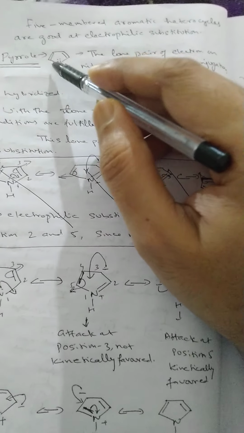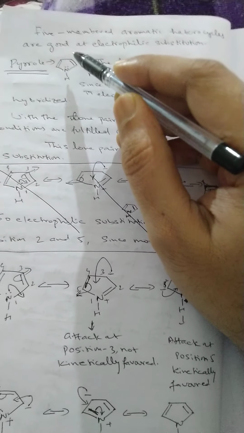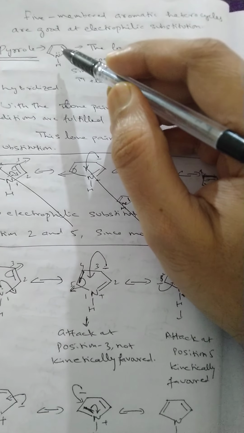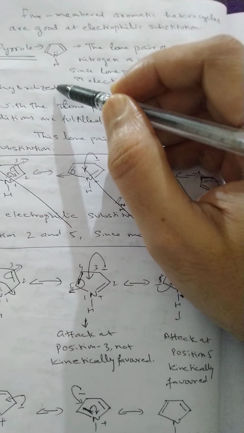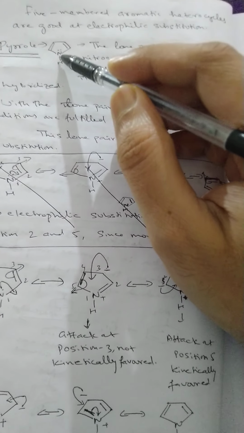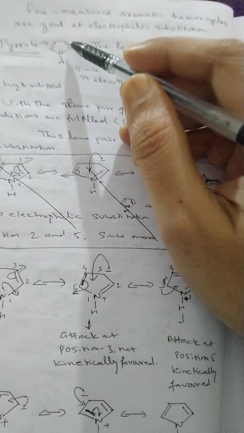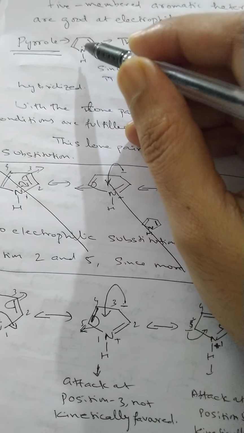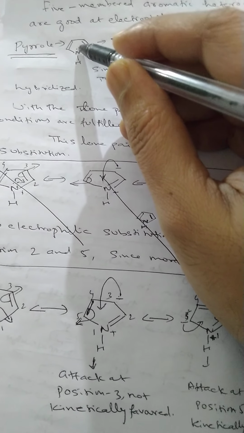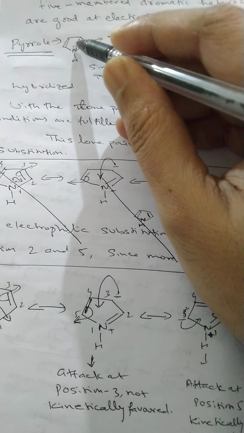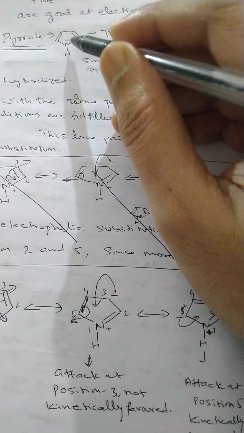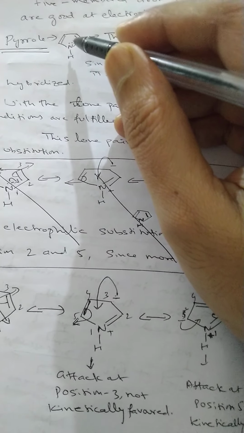So it pulls away the electron cloud, and therefore there is quite a reduction in electron density from the ring, and therefore it is not able to give. Then you can ask the question, this also has nitrogen, then why is it able to give? The important part is here: the nitrogen has a little bit of minus I effect, but most importantly it is showing plus R effect. It is pumping electrons. Any day plus R effect will be much stronger than minus I effect, right?